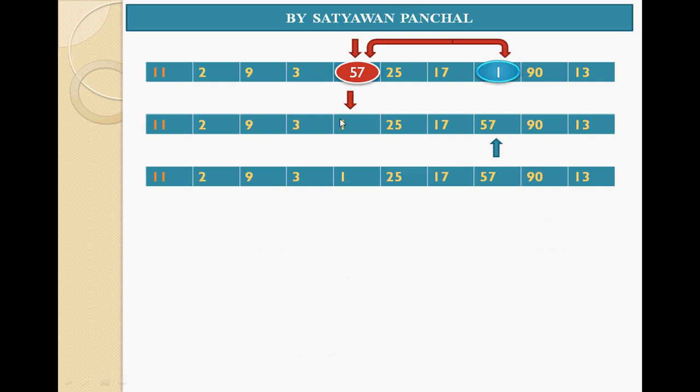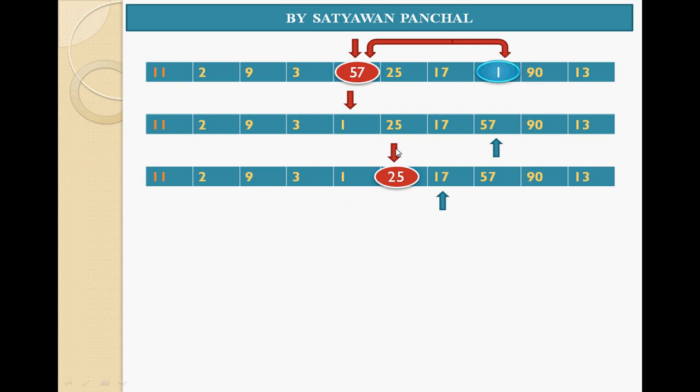Again we need to proceed on the right side. 25 is again greater than 11, so we'll consider this to be the point of consideration. And on the left side we need to find a value smaller than this 1. Okay, here there is a main point: up to what steps do we need to find these values on the right side, with red proceeding on the right side and blue proceeding on the left side?